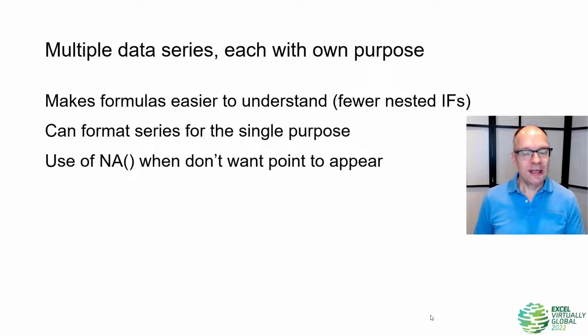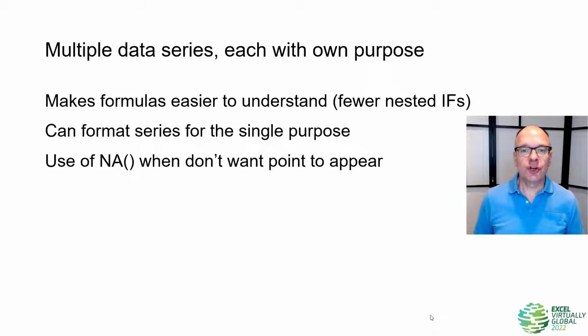Well, it won't if you use the NA function. The NA function puts in that NA error value into the cell, that data point. You go, why would I want an error in a data point? Because the great thing about Excel charts is when it has that NA error value, the chart does not show that data point. So any data point you don't want to appear, just give it that NA error value.